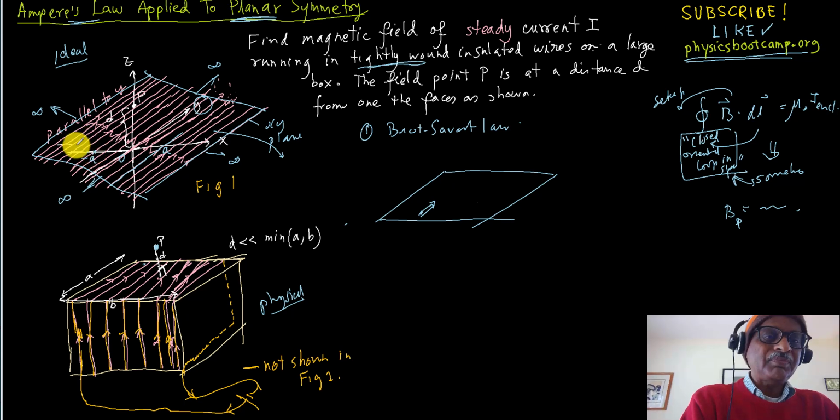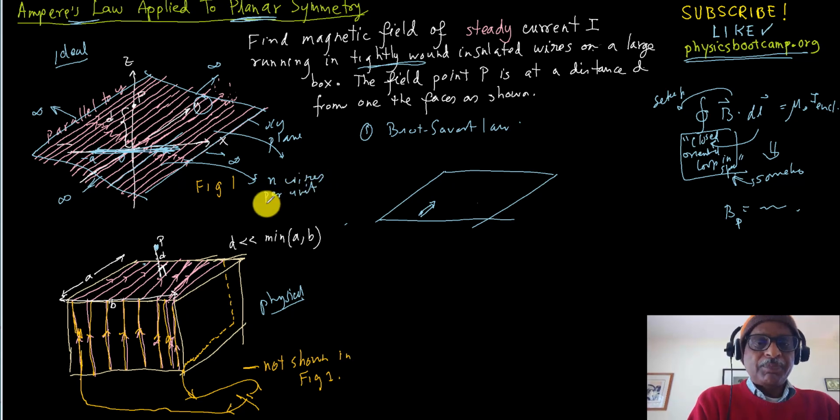Suppose there were n wires per unit length of x-axis, which is perpendicular to the current axis.